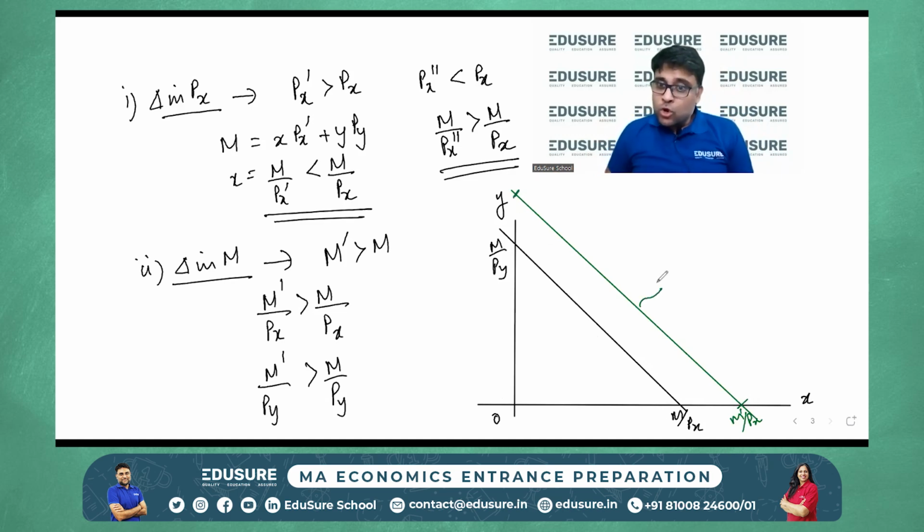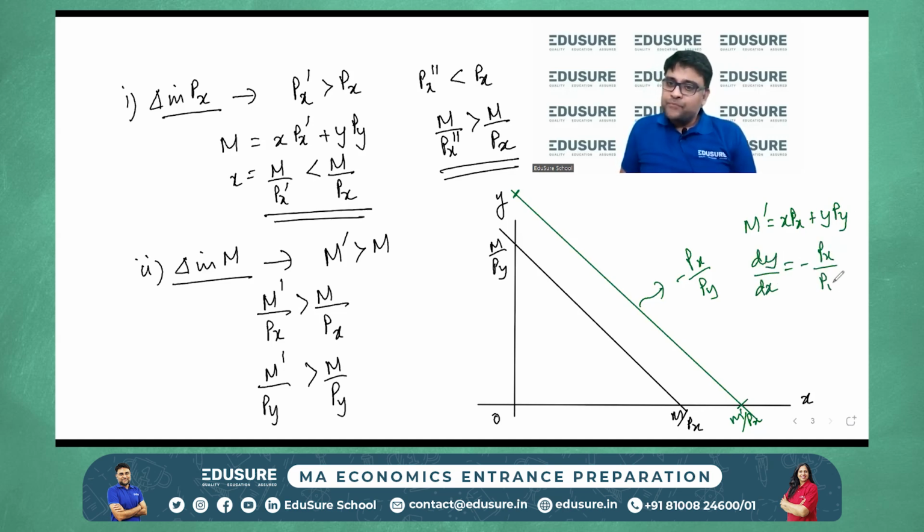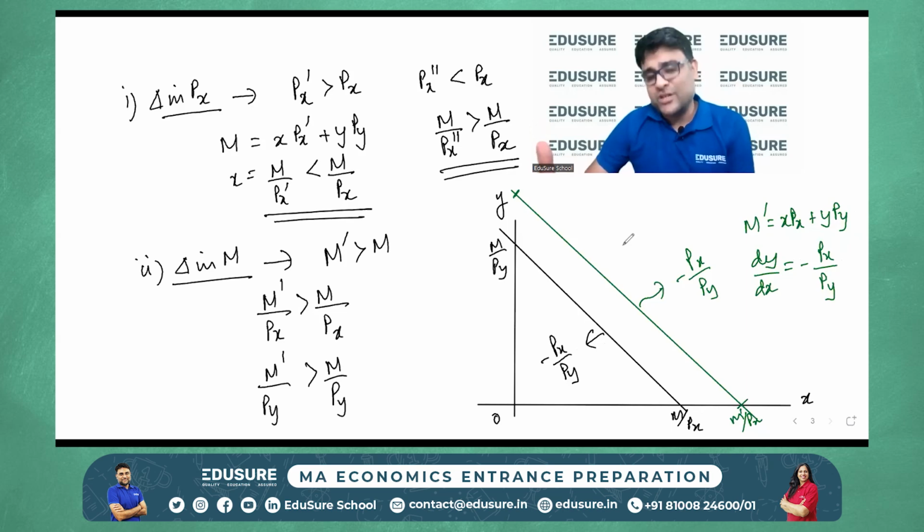Please note, the slope remains the same. M dash is equal to xpx plus ypy. If I differentiate and find out my dy by dx, you'll obviously see that I'll get the same slope that I got in my first instance, that was minus px by py. So the slope is the same. If the slope is the same, obviously I'm having a parallel shift. So this is what happens.